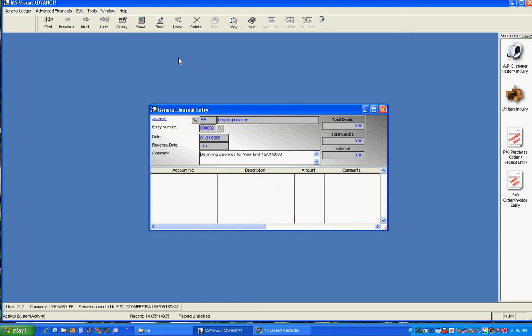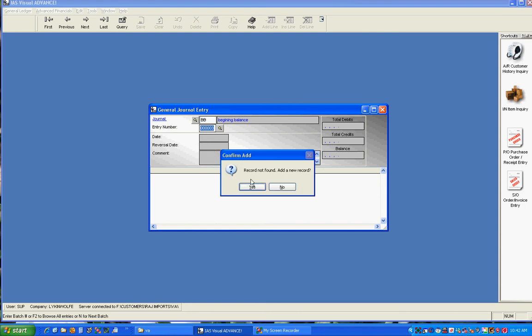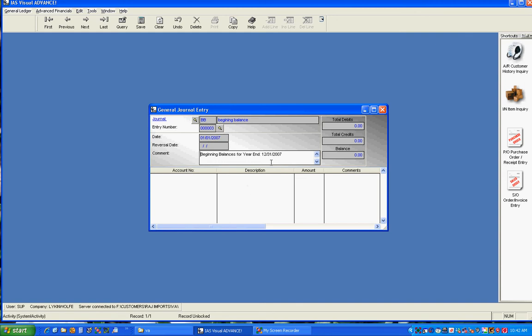So I'm going to actually cancel this and put it back in so that it pulls the right transaction. And it's going to bring my beginning balances as of 2007. Even though you were in business in 2007, it still has to have beginning balances as of a year end. Okay? Do you understand that? Yeah. Okay, so we're ready to start entering our transactions.